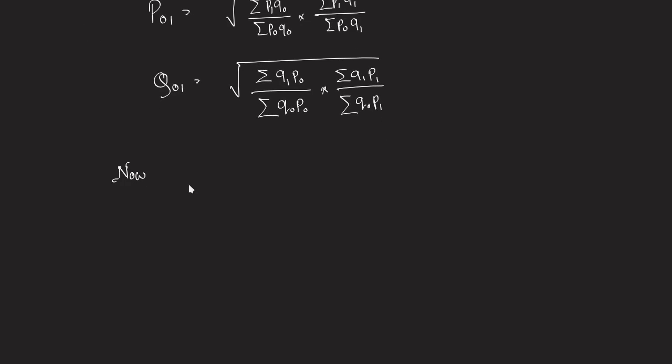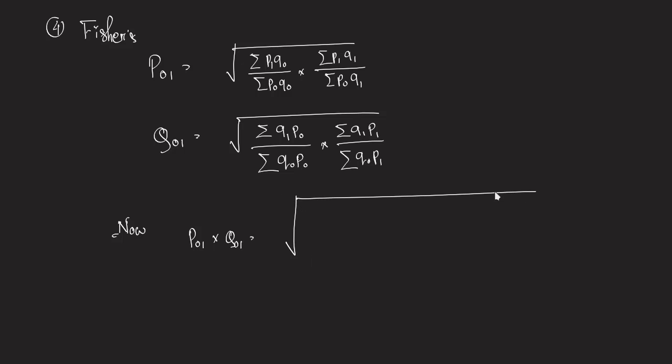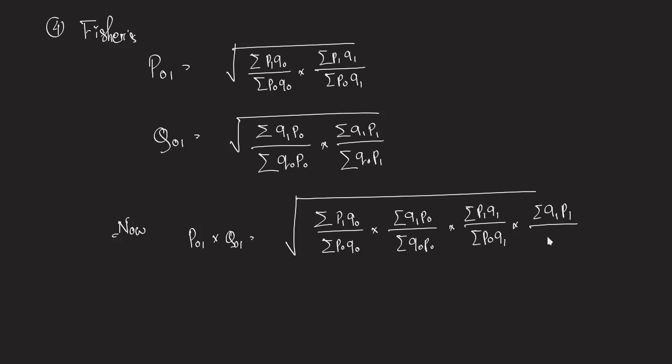Now P01 into Q01 will be, let's take the square root common: summation P1 Q0 by summation P0 Q0 into summation Q1 P0 by summation Q0 P0 into summation P1 Q1 by summation P0 Q1 into summation Q1 P1 by summation Q0 P1.